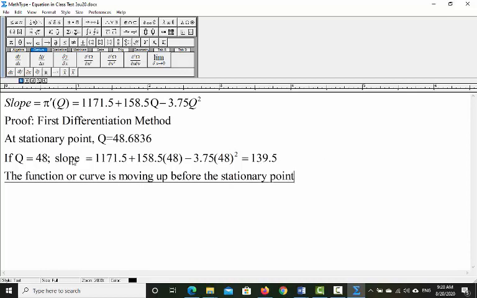As you can see, we have taken the value of Q 48 and at the stationary point the value is 48.6836. That means we have checked the slope before the stationary point and found the slope is positive. So the function or curve is moving up before the stationary point.